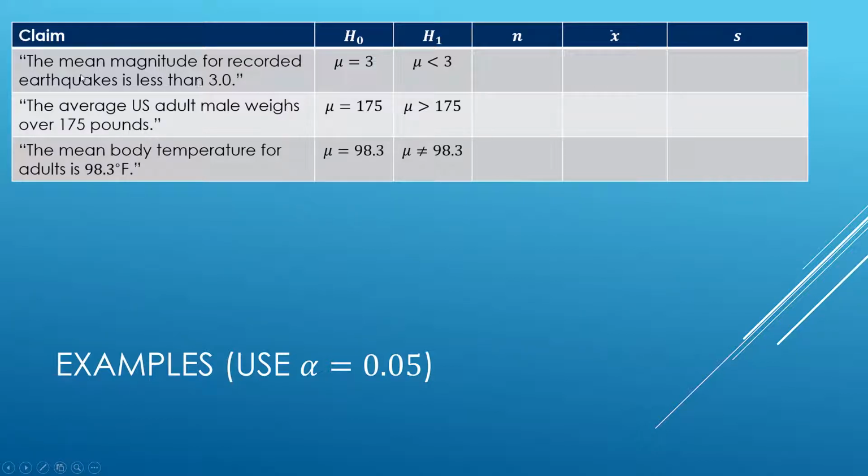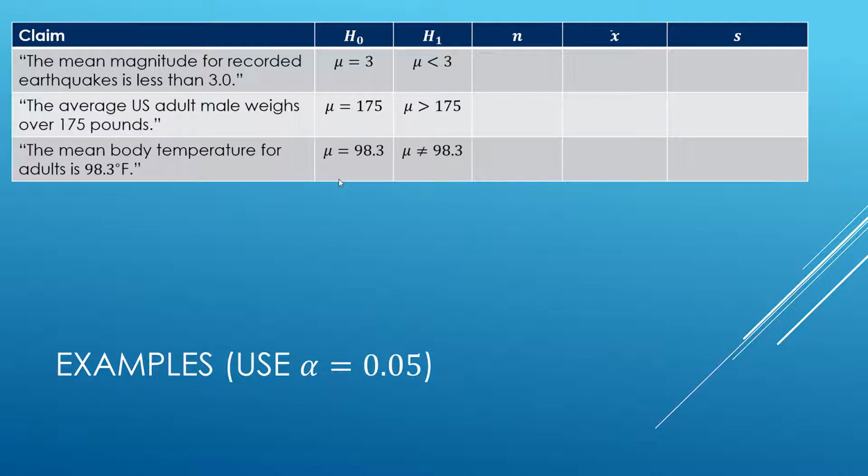The first claim was less than 3.0, so 3.0 became our hypothesized mean for the null hypothesis. For the next one, we claimed over 175 pounds, so we had a null hypothesis of equals 175. And finally, we claimed that the mean body temperature for adults is 98.3 degrees Fahrenheit, so that became mu equals 98.3 for the null hypothesis there.